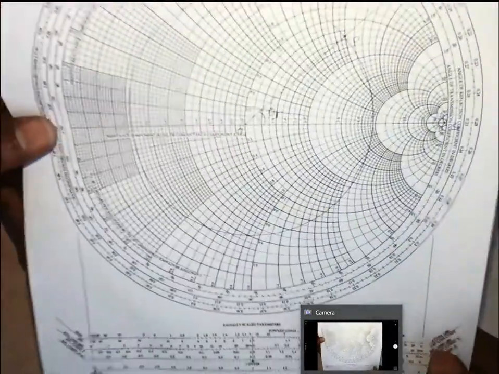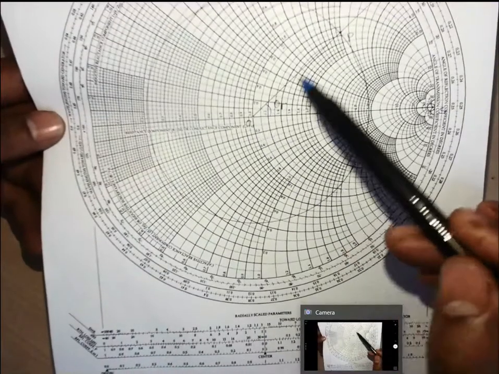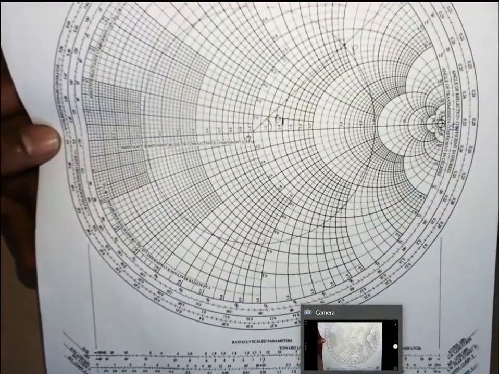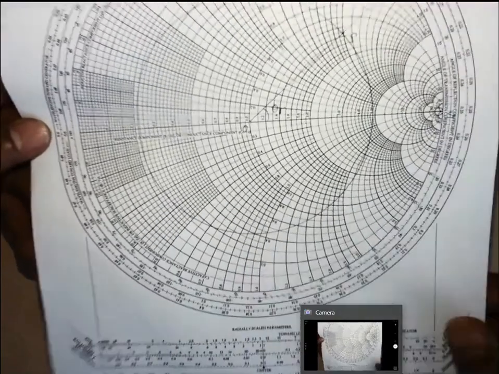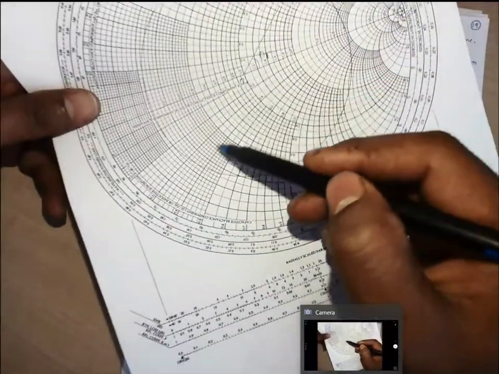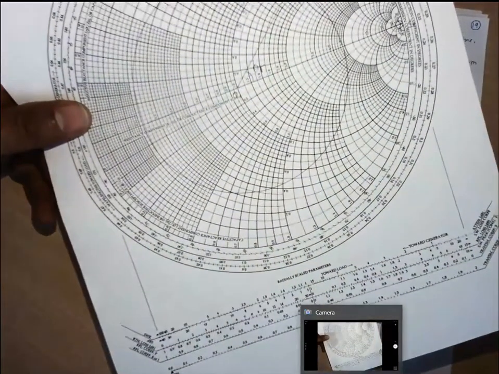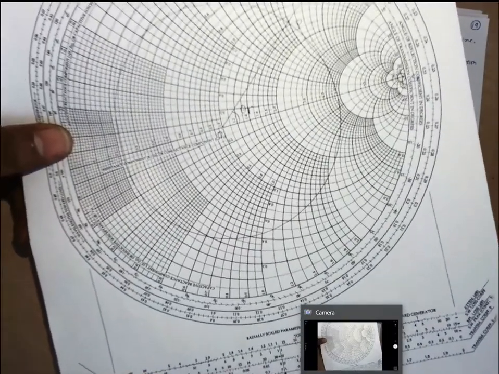So to find YL, we need to extend this OP in the opposite side. When we are extending, this line will intersect this circle again. That point will give you the value of admittance.